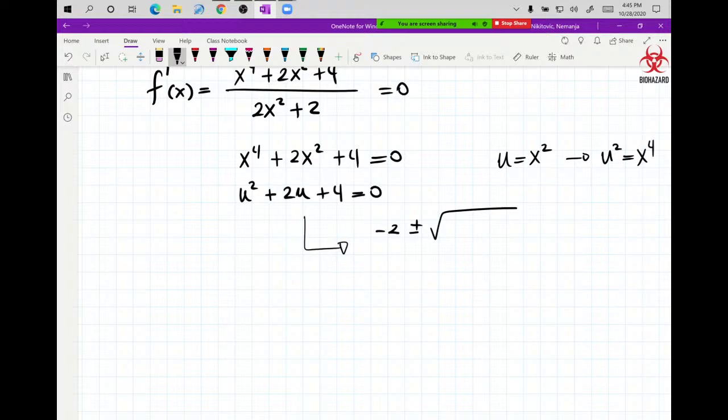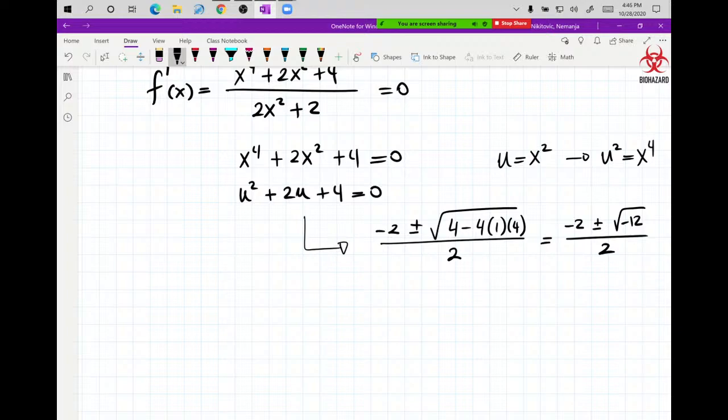So that's negative b plus minus the square root of b squared minus 4ac divided by 2a, and you quickly realize that you have 4 minus 16, which is negative 12, over 2, and the solutions are complex. So if those solutions are complex, then x is also complex.